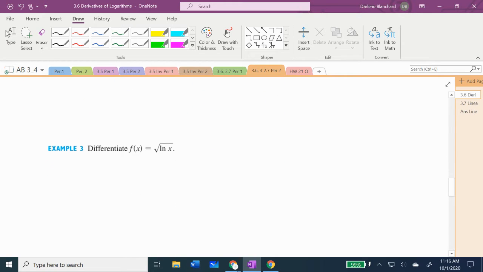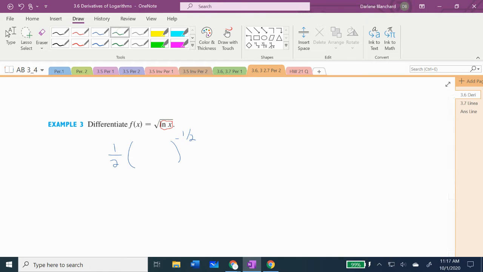Example 3. This time the natural log of x is the baby function. Anytime you can circle a function inside of another one, that makes it a baby. Now I have the square root of blah, or blah to the 1/2 power. Taking the derivative, I get 1/2 blah to the negative 1/2 power.